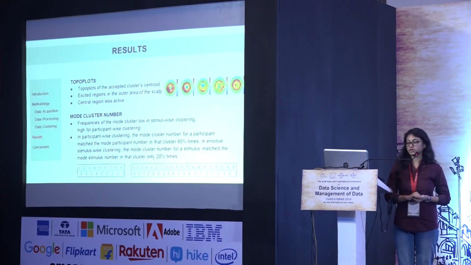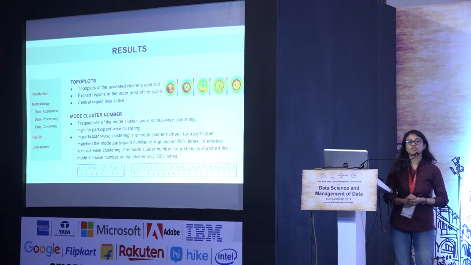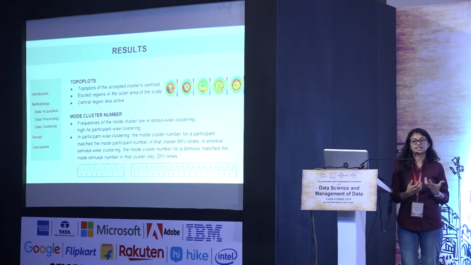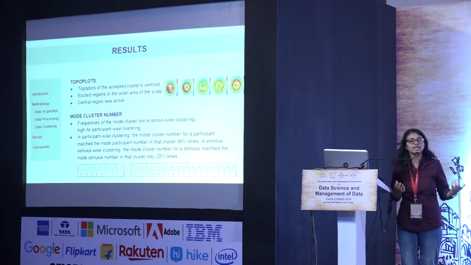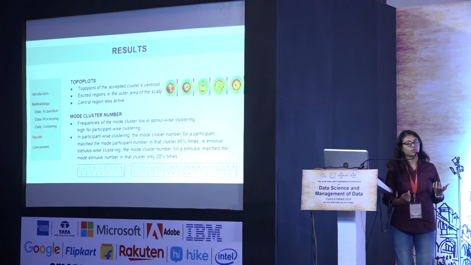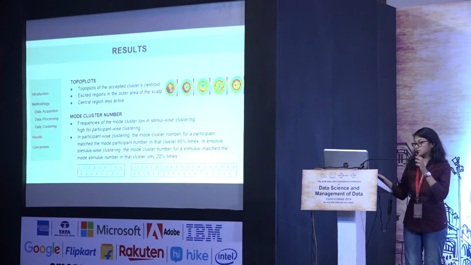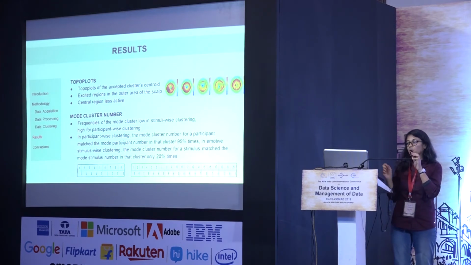So let's move on to the results that we obtained. We saw that we were able to cluster participants very, very well. We found 20 clusters with 9 emotions in each. So we were able to identify participants very well, and these results indicate that. This is the mode cluster number.